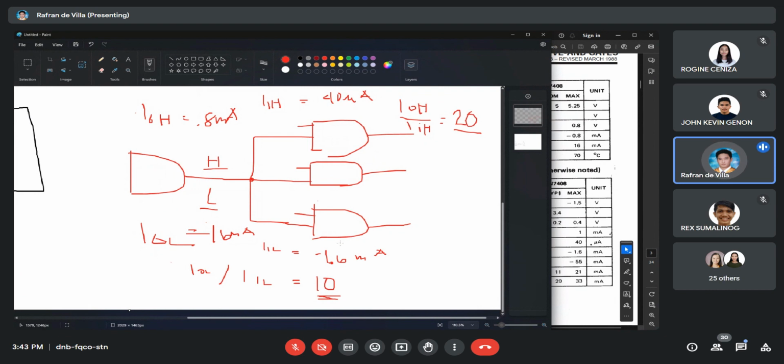So sa design, if you ever encounter computations like this, during logic high, 20 ka gates ang makontrol, during logic low, 10 ka gates makontrol, we choose the smaller number. Okay? That is to ensure that with this number, kaya niyang makontrol gihapon ang input sa tong mga gates despite driving it from a value of low to a value of high.